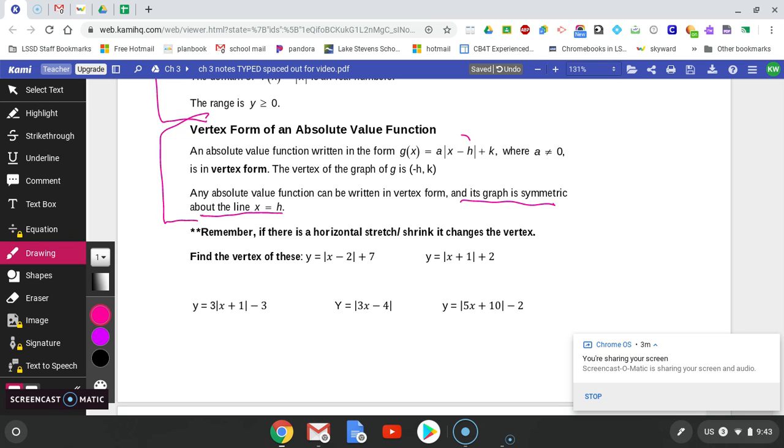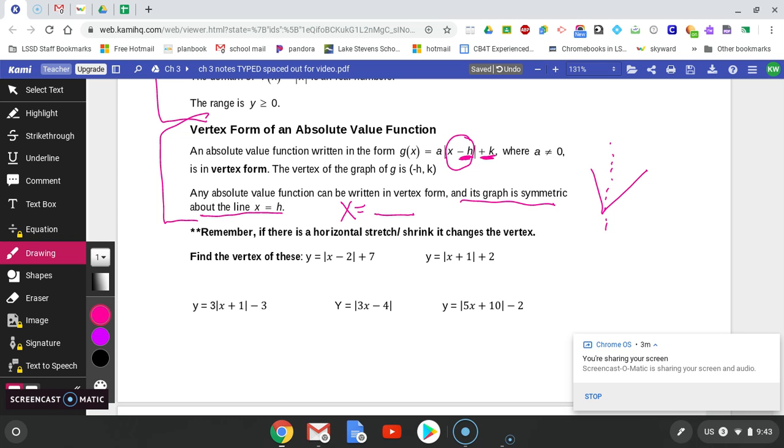In other words, when you solve for this value right here, that value, x equals your number, is always going to be your line of symmetry. It's where you could draw a line through the graph and it would be symmetrical on either side. So if I've got my V and I draw a line right here, it'd be symmetrical on either side of that line. One thing to keep in mind, as I told you, is that the vertex is going to be the opposite of this number here, comma this number.